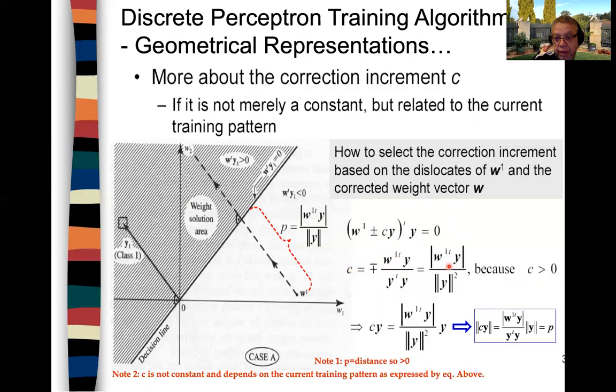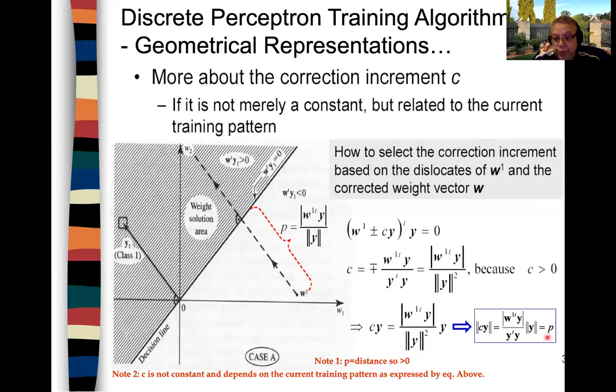So this minus plus can be replaced by the absolute value of W1 transpose times Y. And because my correction is plus CY, this CY can be written in this form here.